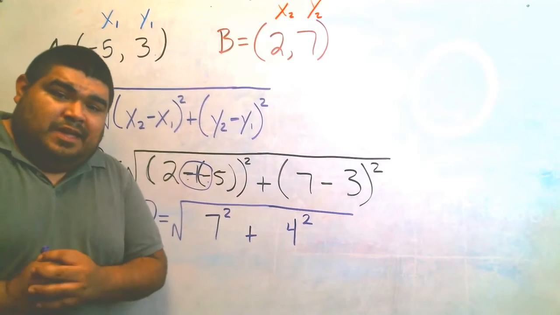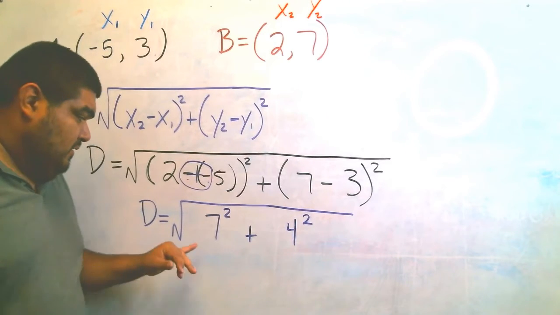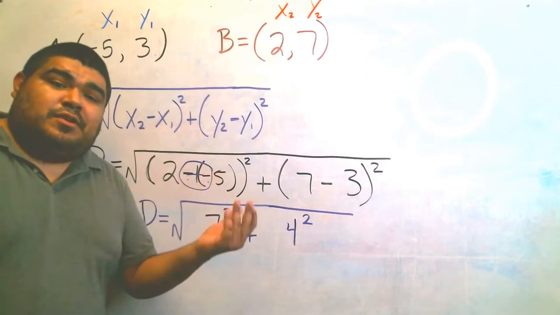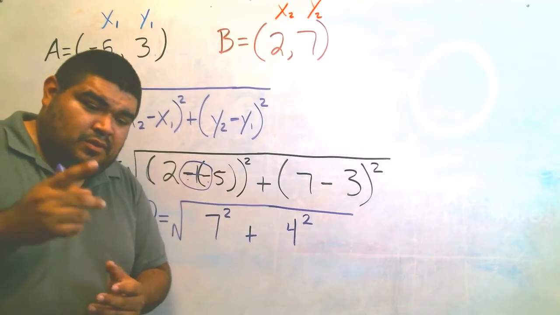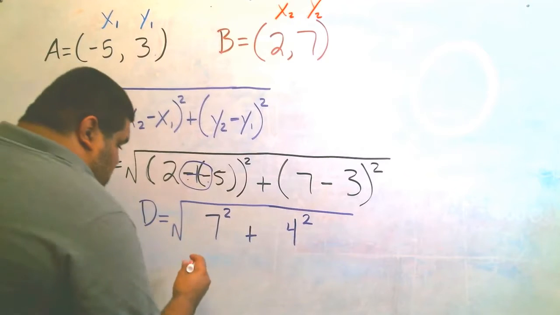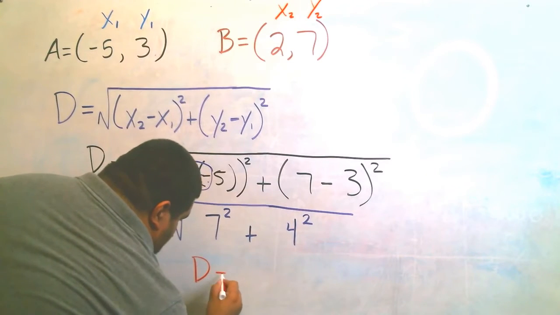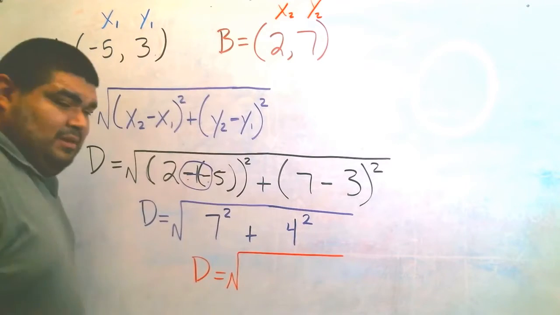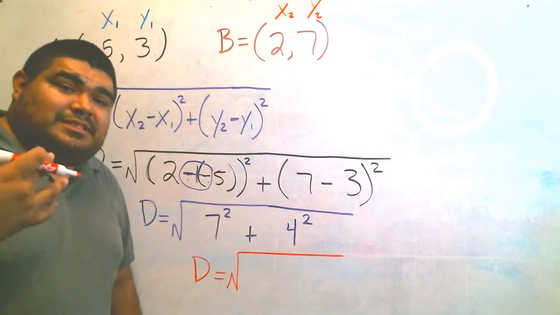Now that we have 7 squared plus 4 squared, we can actually figure out the squaring. So, we have D equals radical 7 times 7.